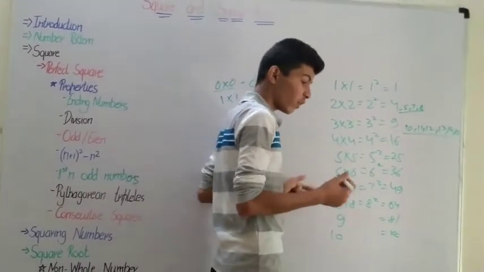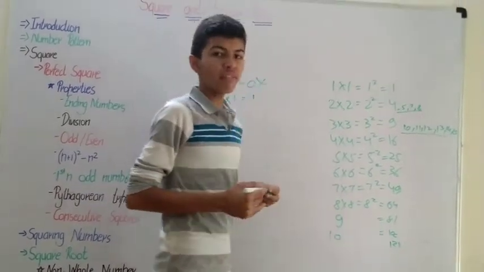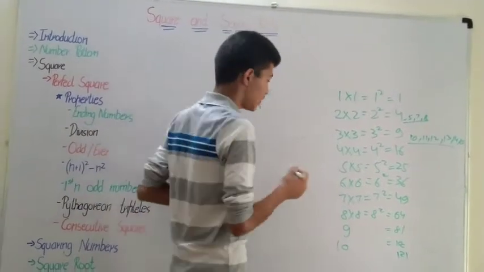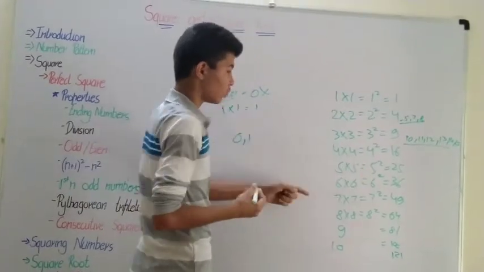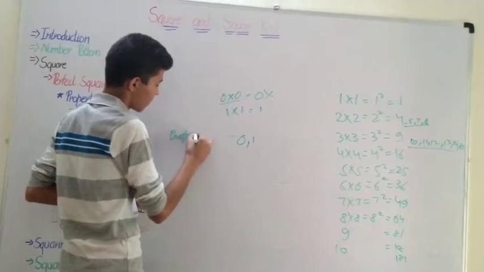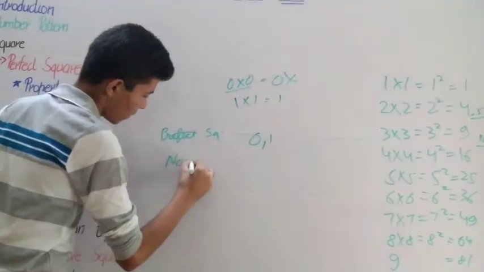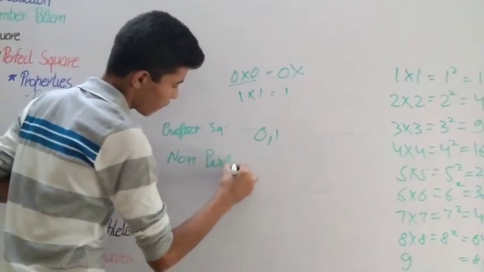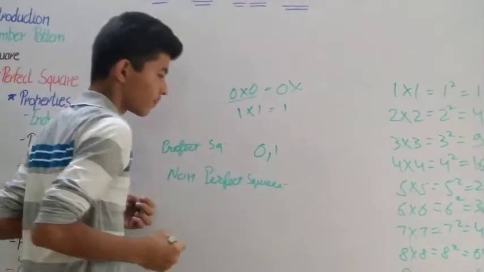If you take the square of 121, it is also ending with 1. So if a number has to be a perfect square, it must end with 0, 1, and so on. In this case, we do not have a 2 at the end, so here is a perfect square, and here is a non perfect square.